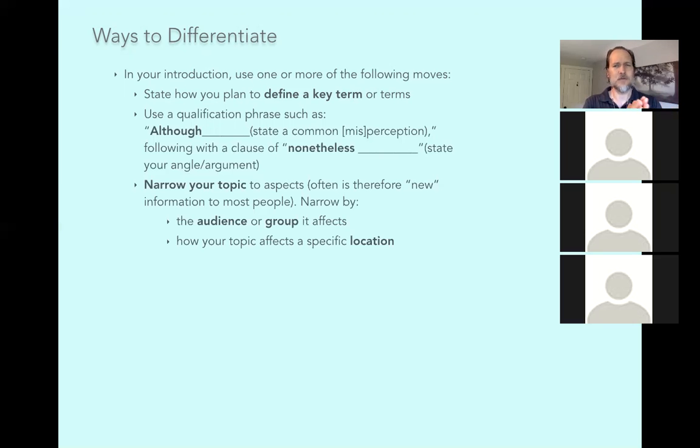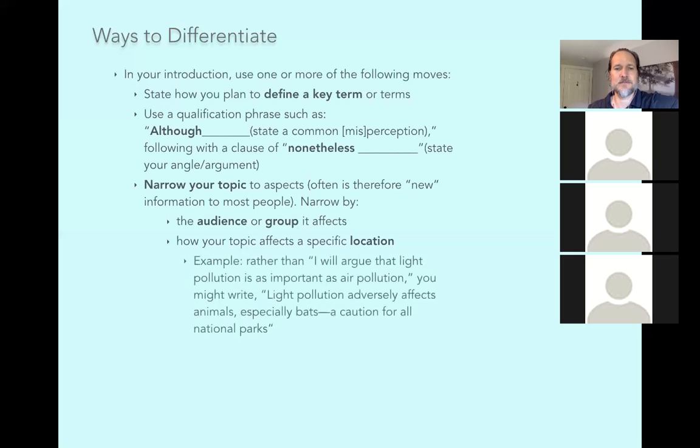For example, if we're looking at paying college athletes, we might narrow to a particular group, meaning the athletes themselves, and how they might be paid. We might look at a location of where now it's trending as to new rules coming in, looking at Florida and California with their new rules. We might simply focus the paper whole or in part on those more narrow aspects.